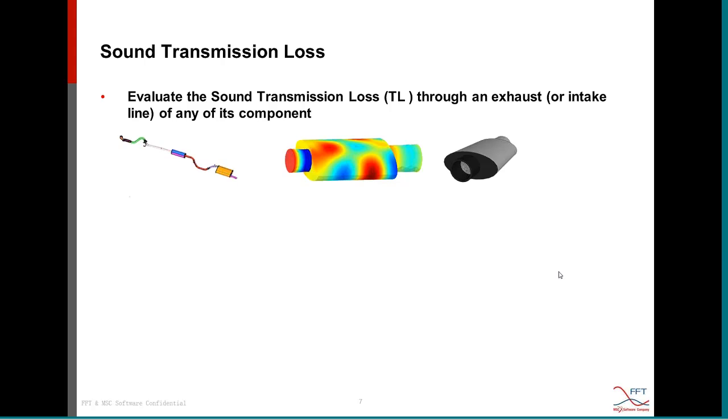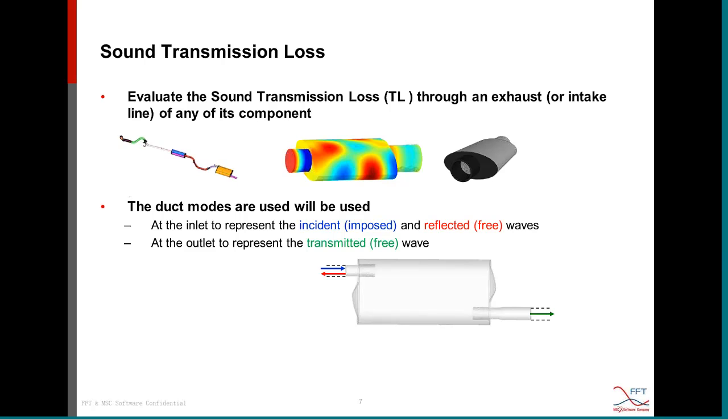Now let's apply the acoustic duct modes first to the sound transmission loss analysis of a component. Now we're analyzing a muffler problem here, and we are interested in the sound transmission loss, or the TL index, of this muffler. And to do that, we will apply at the inlet of that muffler an incident wave through the acoustic duct mode.